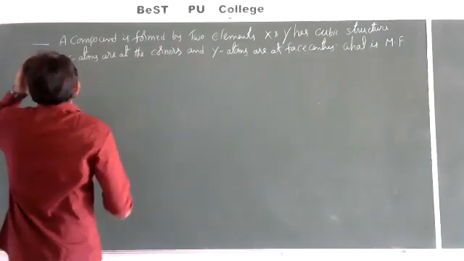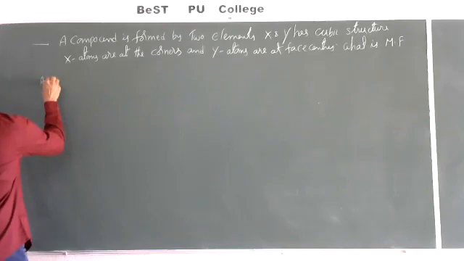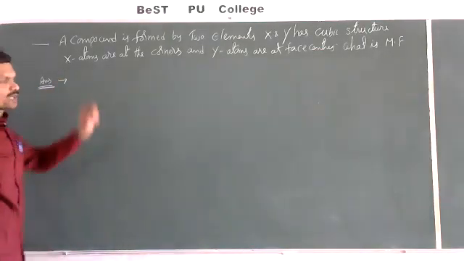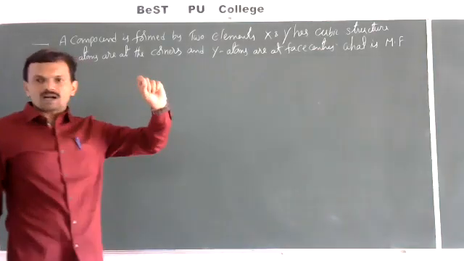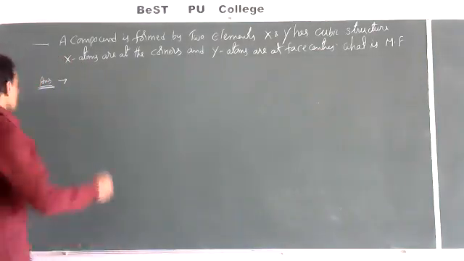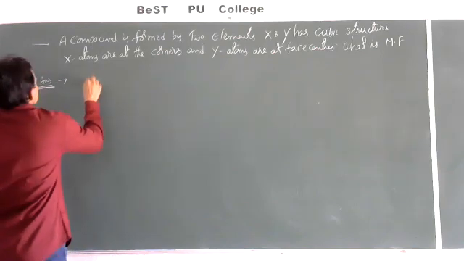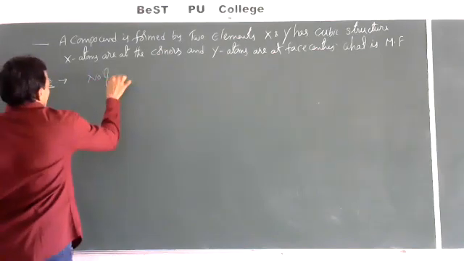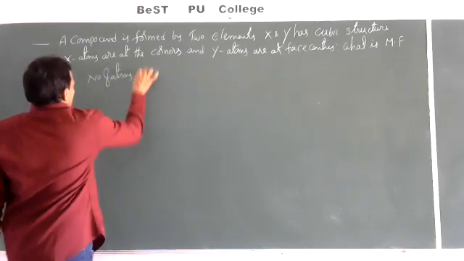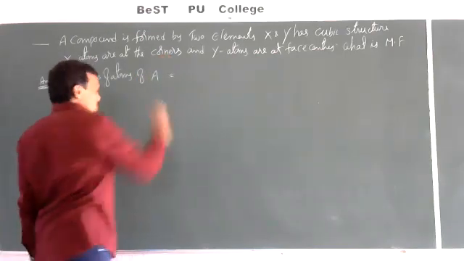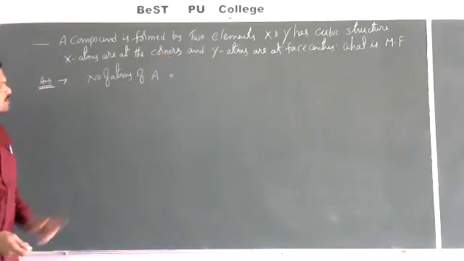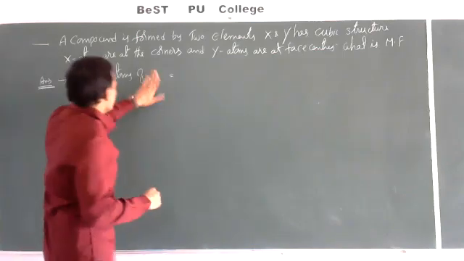Now let us see here. First, I am going to calculate the number of atoms of X in the lattice. What is the position of the particles here?